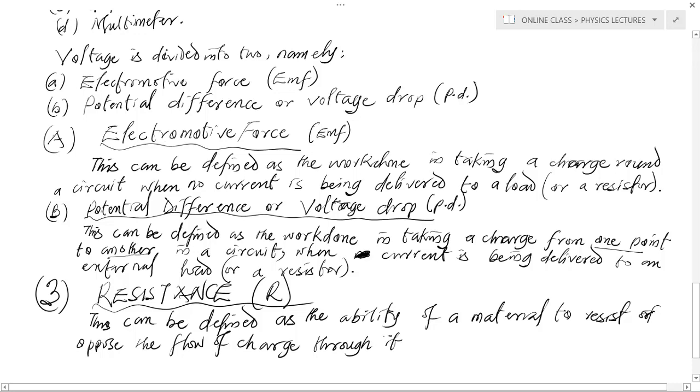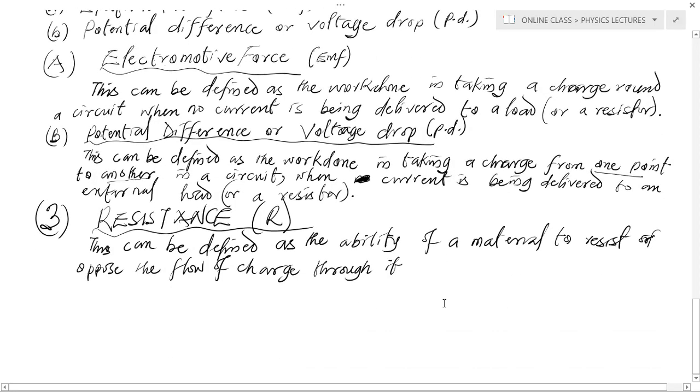That is, it will allow the flow of charge through it, or flow of current, or the path of current through it.